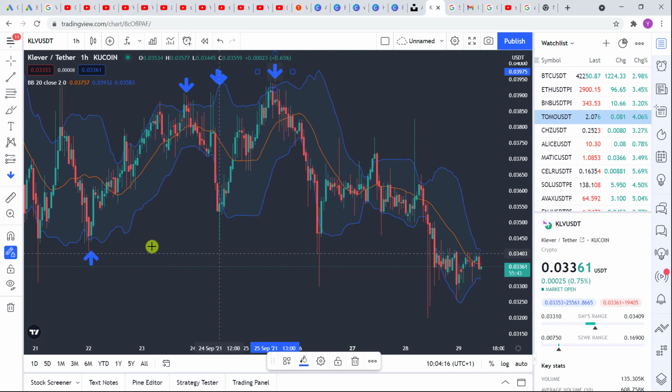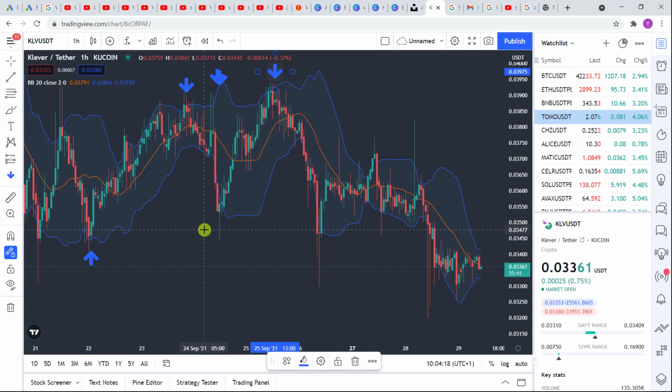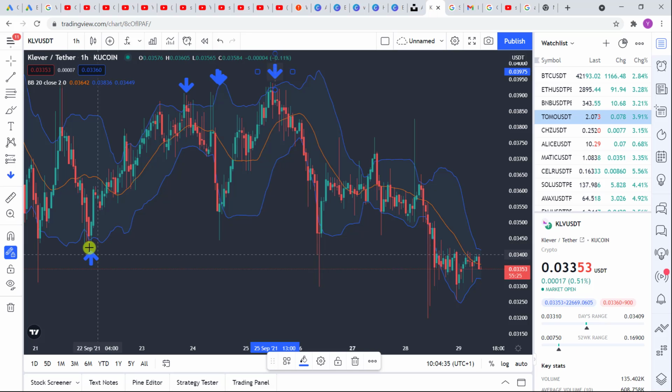Anytime the price is actually outside the band, that means something else is happening. So for example, at this particular point here now, we can see that the wick of this candle, like we have 3 or 4 candles outside the band.